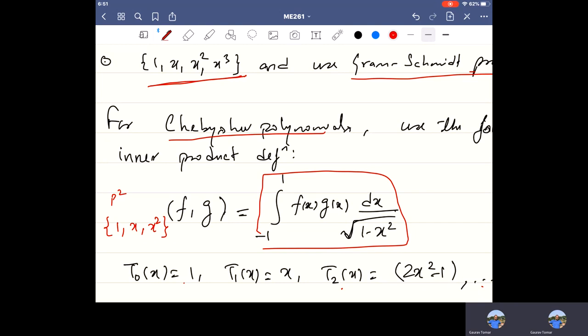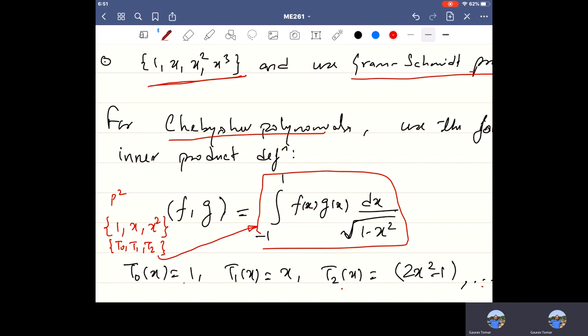Then you want to find the corresponding T0, T1, and T2, the first three Chebyshev polynomials. It has been given that the inner product for which they are orthogonal is given by this.